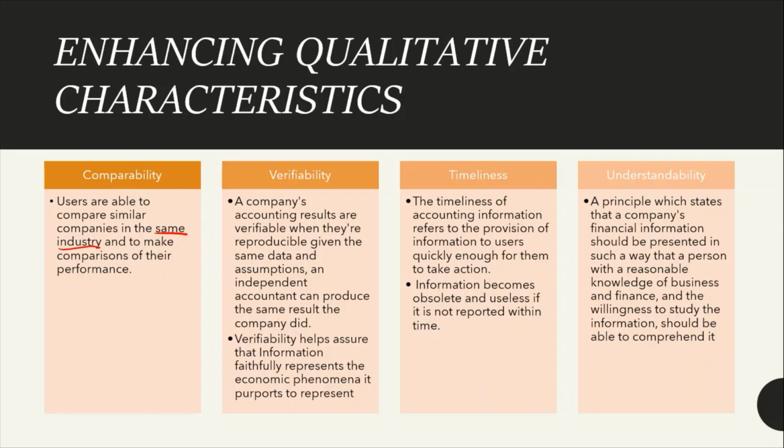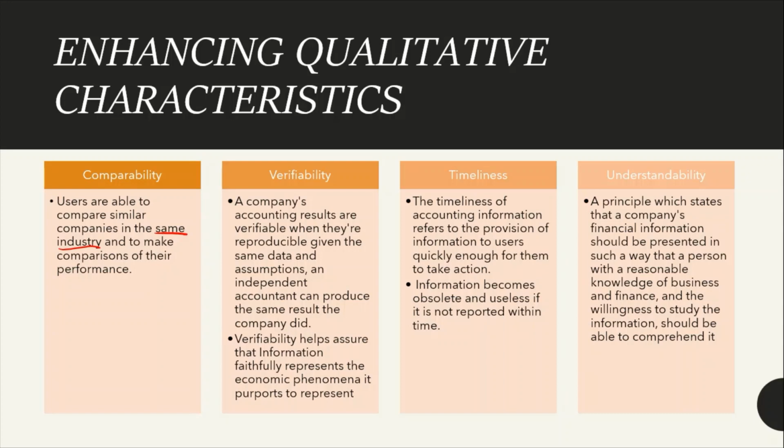For the third one is timeliness. The timeliness of accounting information refers to the provision of information to users quickly enough for them to take action. Information becomes obsolete and useless if it is not reported within time.